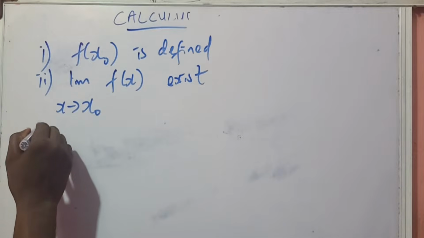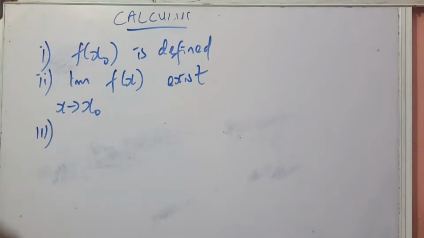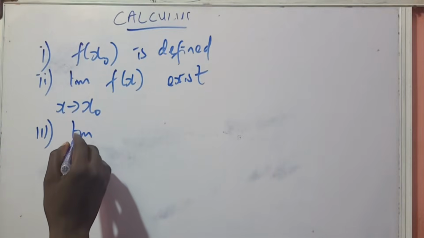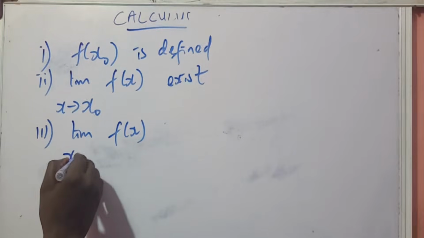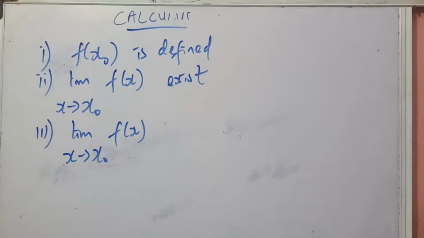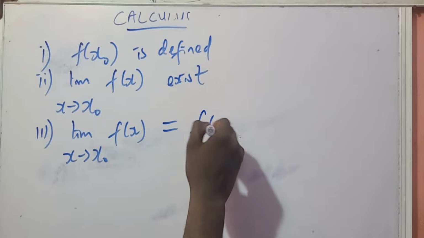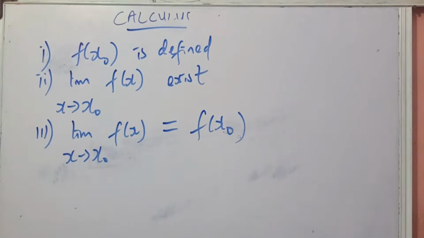And then the third rule is that the limit of your function f of x, when x was tending to x naught, must be the same thing as f of x naught.